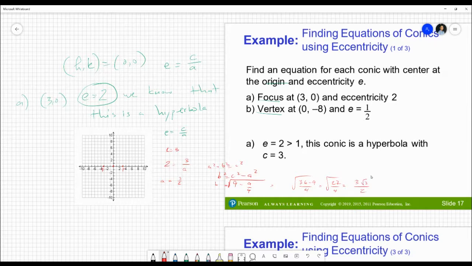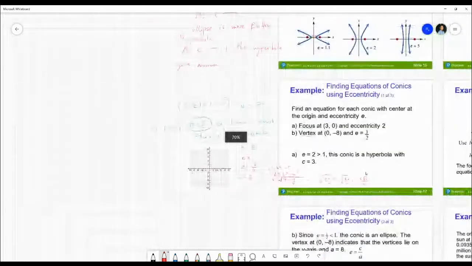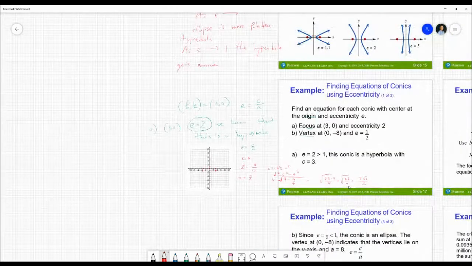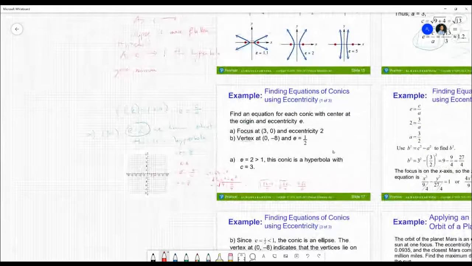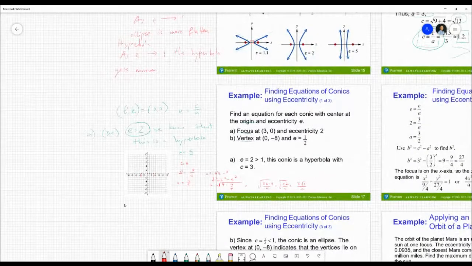So I have 3 square root 3 over 2 as my b value, but I should have just left it as 27/4 because we're going to use that to write our equation. So we have, let's see, this one opens this way, so the x should be squared. So I have x squared divided by a squared, which is 3/2 squared, which is 9/4, minus y squared over b squared. If I square b, I have 27/4, equals 1.